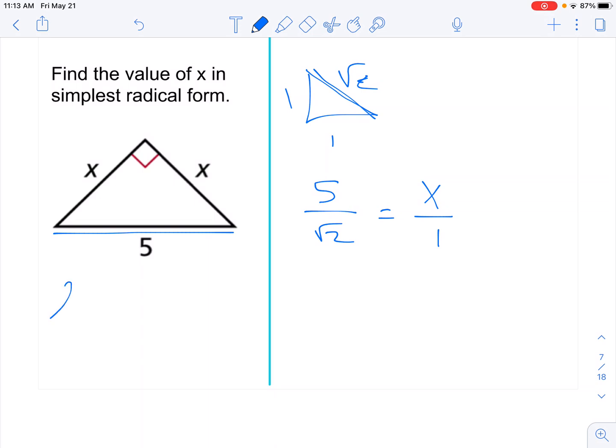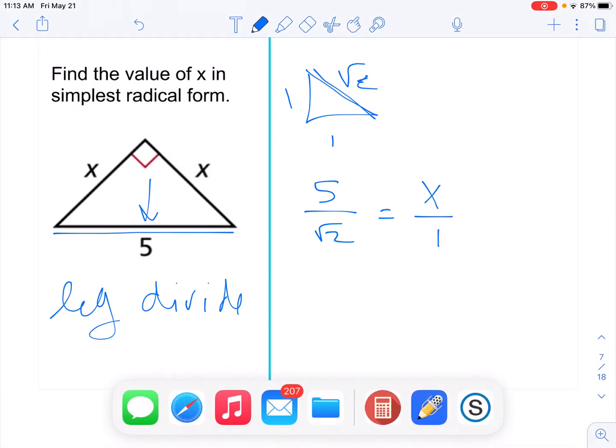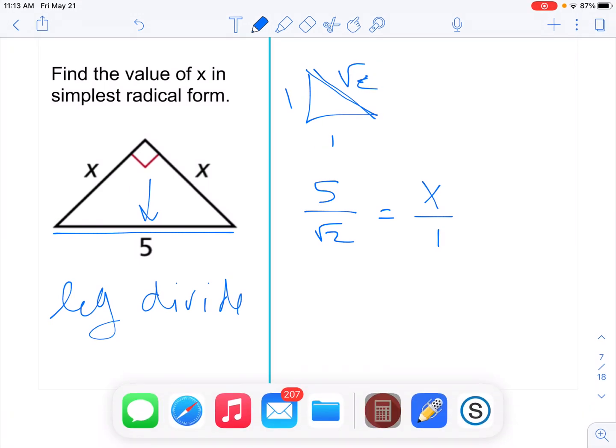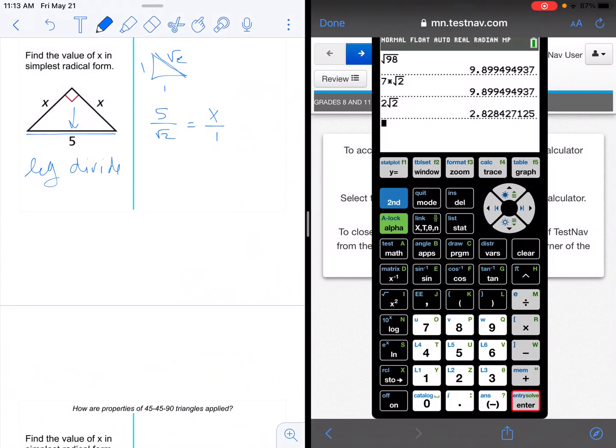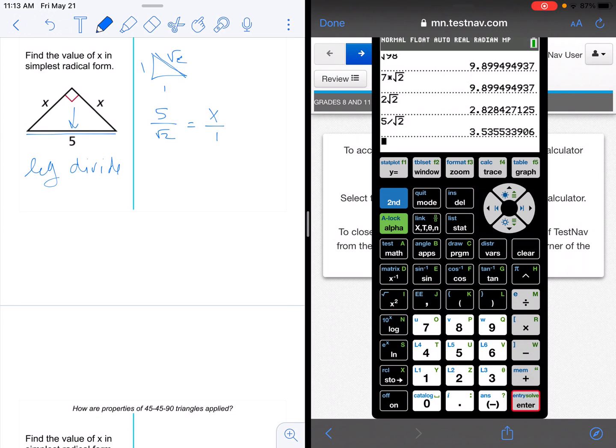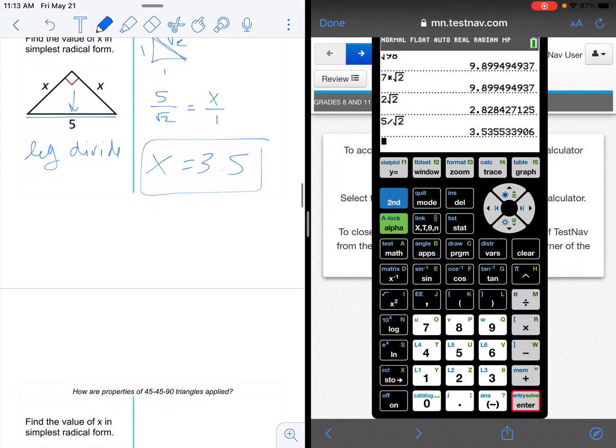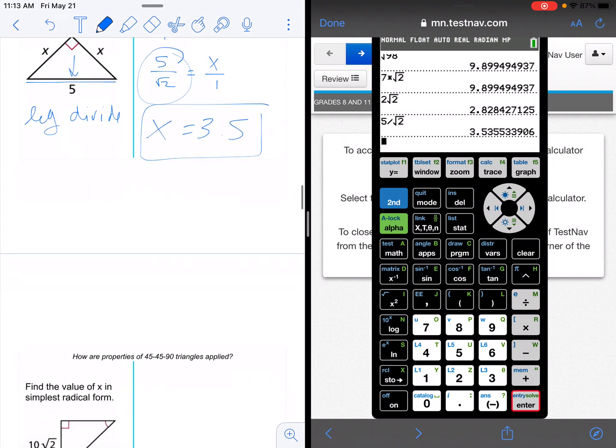To find a leg, you divide by the square root of 2. A leg is shorter than 5. So we can find our calculator. I can do 5 divided by the square root of 2, and I get x equals 3.5. Or it's okay to leave it like that.